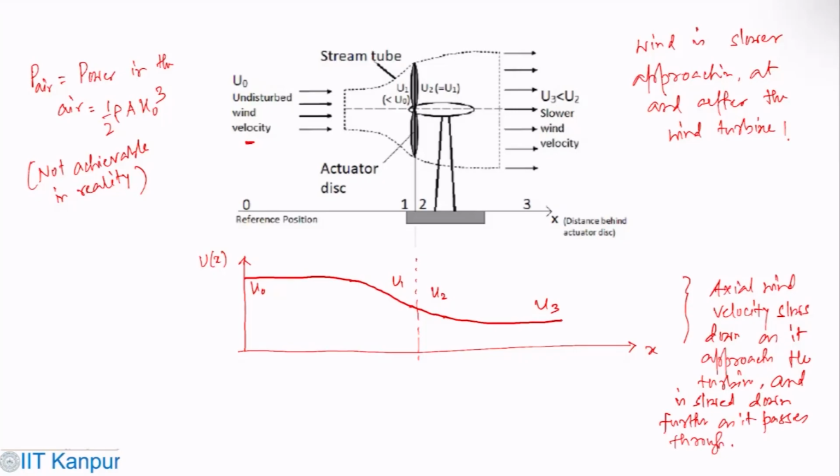So we can write that u of minus infinity is u naught, u of 0 is u1 equals u2, and u of plus infinity is u3.